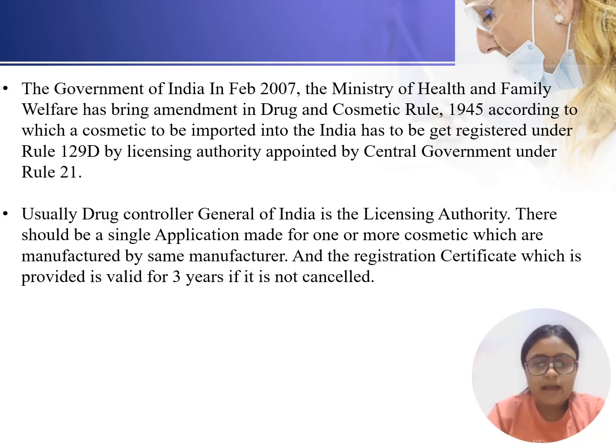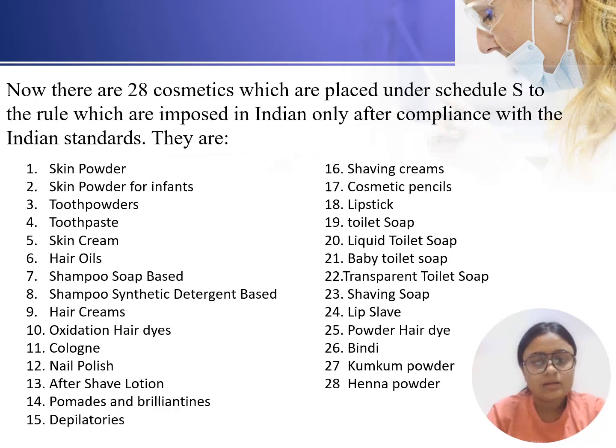Usually the DCGI, also called the Drug Controller General of India, is the licensing authority. A single application can be made for one or more cosmetics manufactured by the same manufacturer, and the registration certificate provided is valid for 3 years if it is not cancelled.